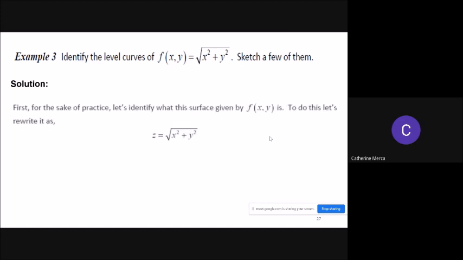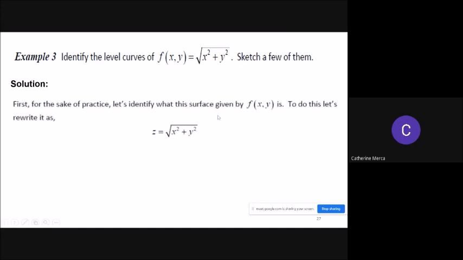So for the solution, you have to identify what this surface given by f of xy is. So you can rewrite this as such. Anong ma-associate ninyo dito? Anong surface? Ito, cone, di ba?